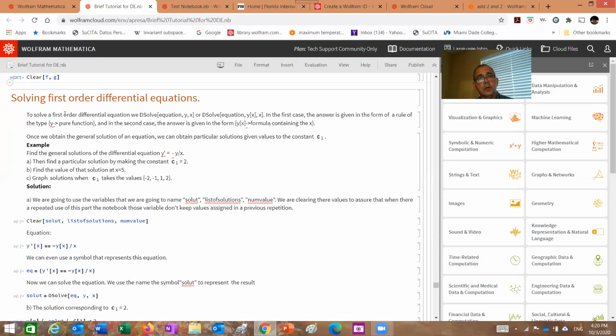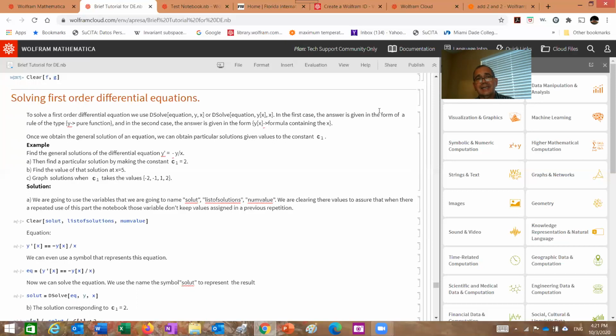So to solve a first order differential equation, we use this command, Solve. And then you write down the equation, and then the y and then the x, or you use Solve, the equation, then y of x and then the x.